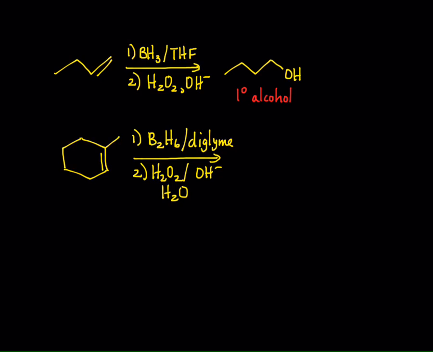But it works the same way, right? B2H6 is weakly coordinated, and so you get free BH3, free borane present. So I'm just showing you a different look of hydroboration. And then, of course, reacting this with hydrogen peroxide in the presence of sodium hydroxide and water.